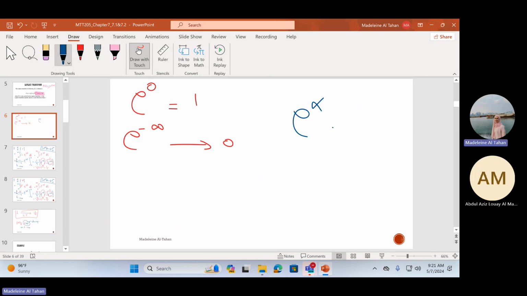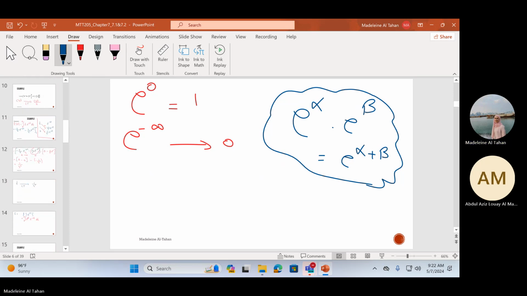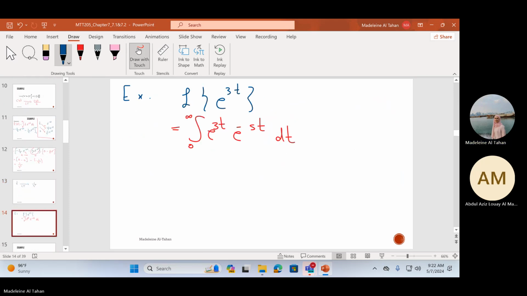E power alpha times e power beta, this one is equal to e power alpha plus beta. So we need to apply this one. Please let me know if I can write it in this way.